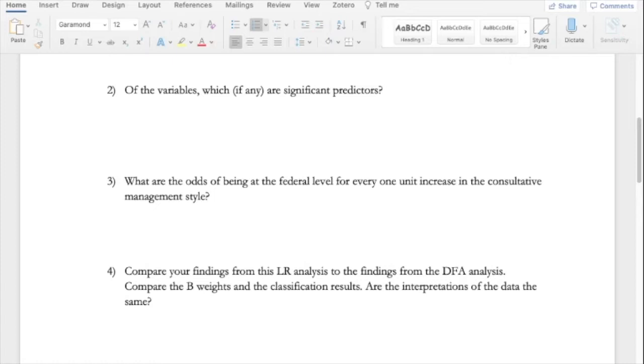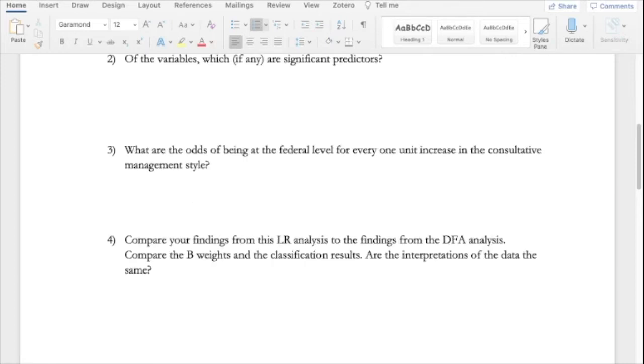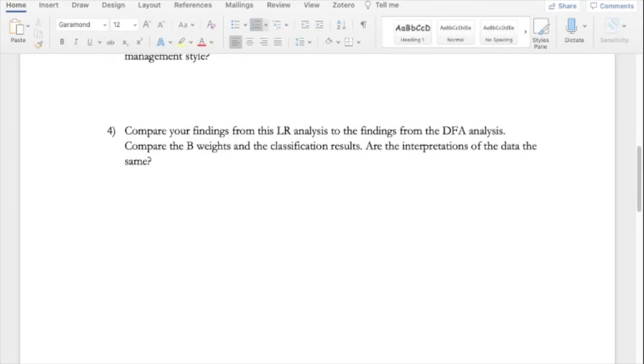And we'll go through that. Finally, we want to compare these findings, the logistic regression findings, to the discriminant function analysis. We want to look at the beta weights, the B weights and the classification results, and see, okay, what here is the same, what here is different.